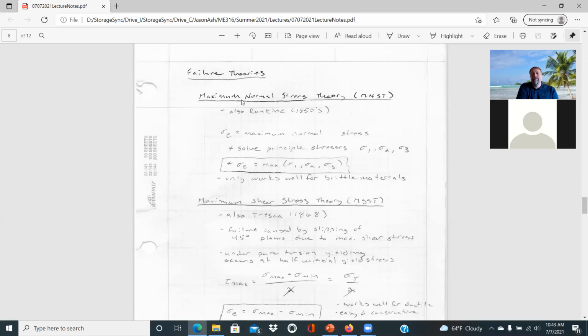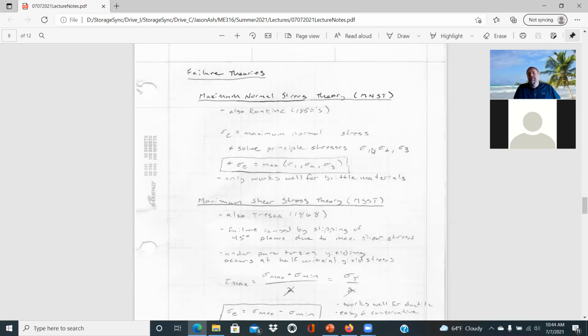a plane. As we continue on, the 3 common ones that are typically referred to are your maximum normal stress theory that was proposed by Rankine, who was from England in the 1850s timeframe. And that individual essentially stated that the equivalent uniaxial stress is whatever the maximum principal stress is, maximum normal stress.